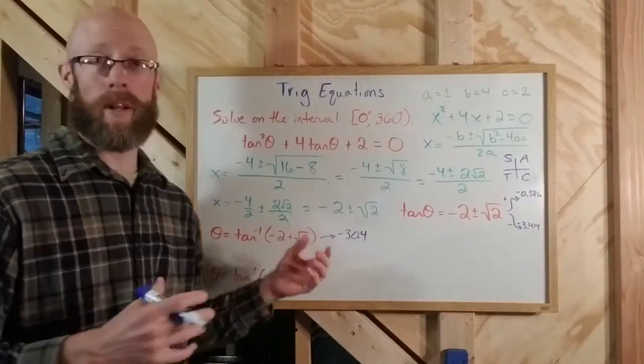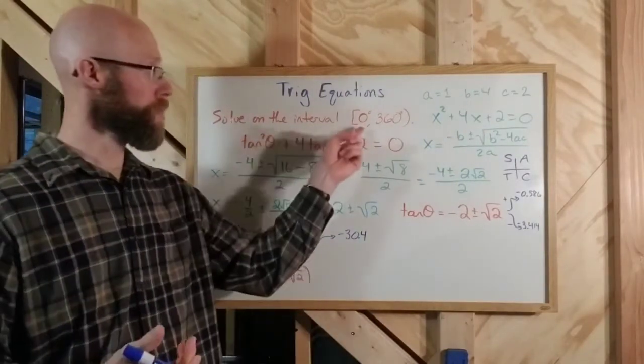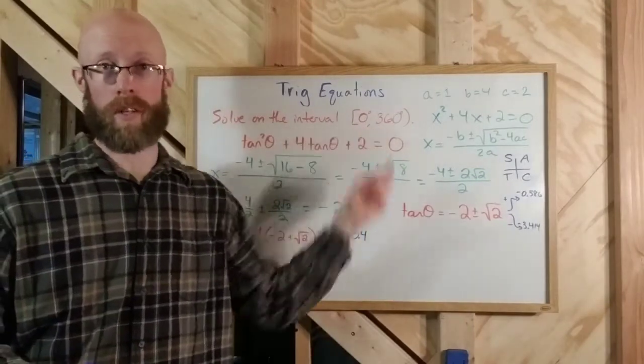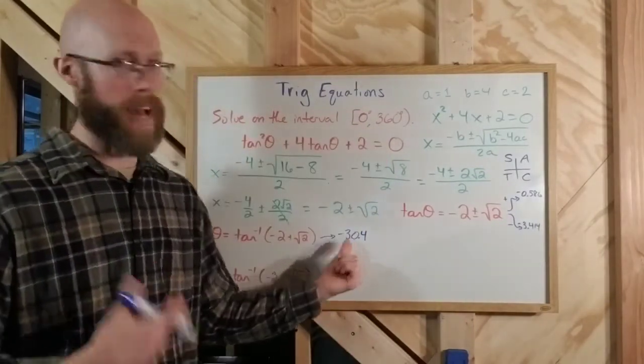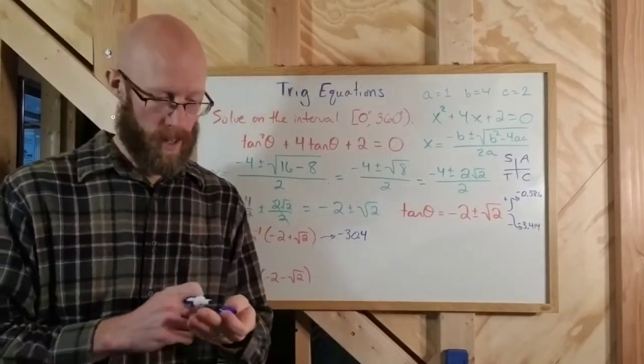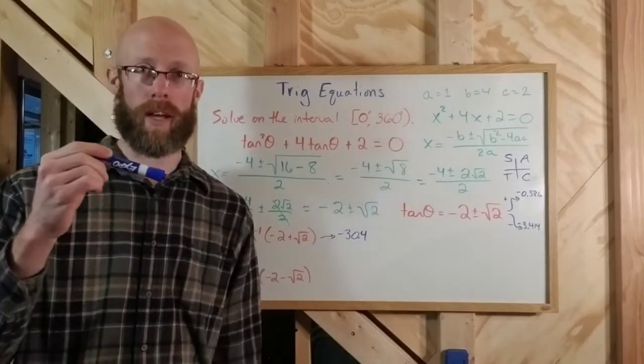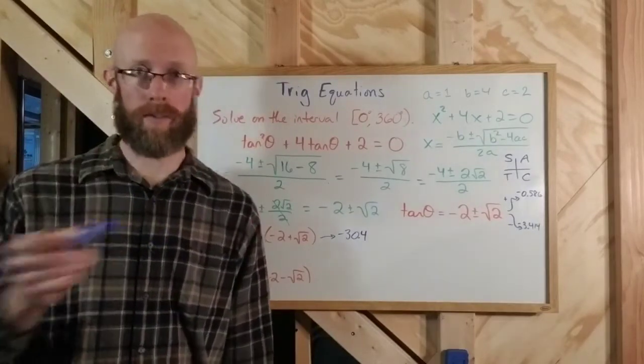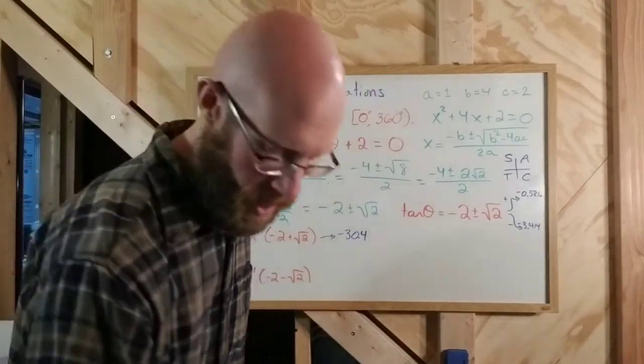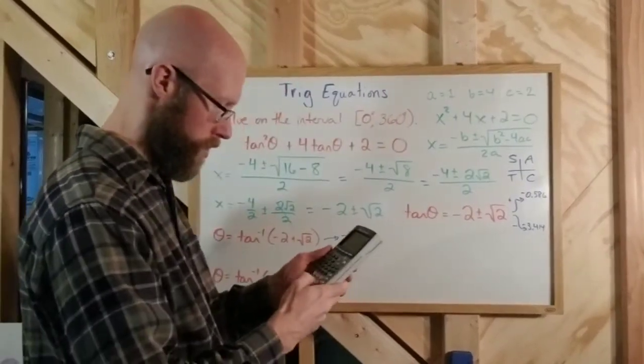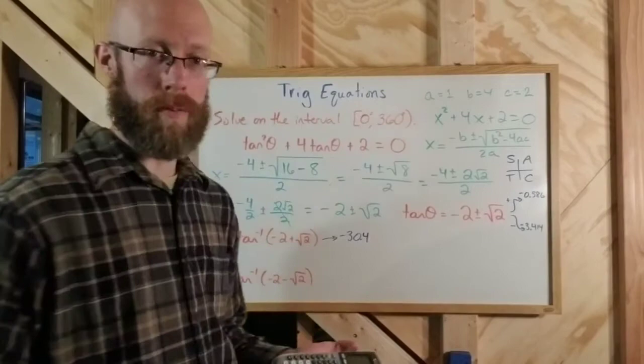Okay, so now what I have to do is convert that to an angle in my interval from 0 to 360. Well, if I just add 360 to that, that would loop it from the fourth quadrant angle all the way back around to another fourth quadrant angle. So I'm going to add 360. Very simple.